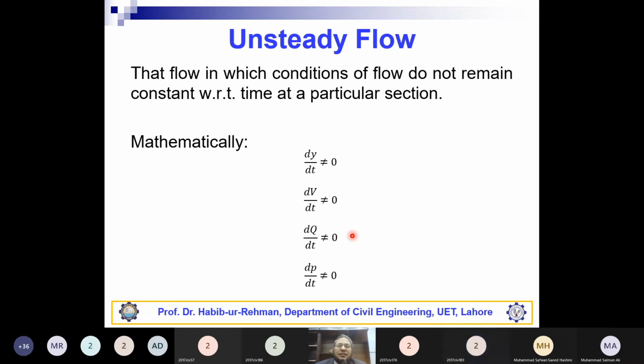This is all right. Now the next expression is change in pressure with respect to time is not equal to 0. It means at a particular section of the conduit, the pressure is changing with respect to time. And this expression, what do you think? Is it applicable for open channel flow or for pipe flow? For pipe flow, sir.